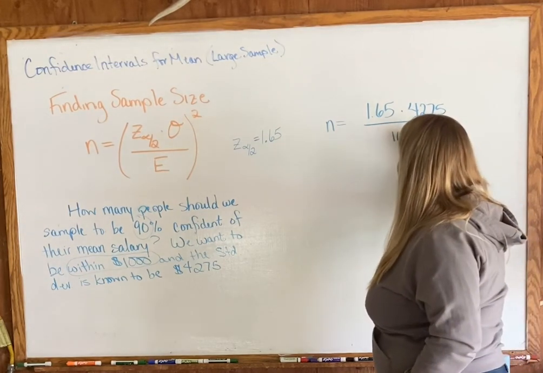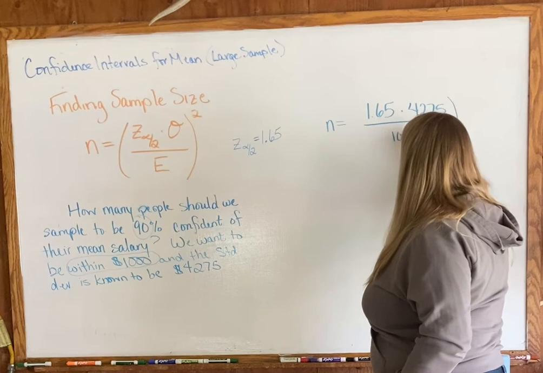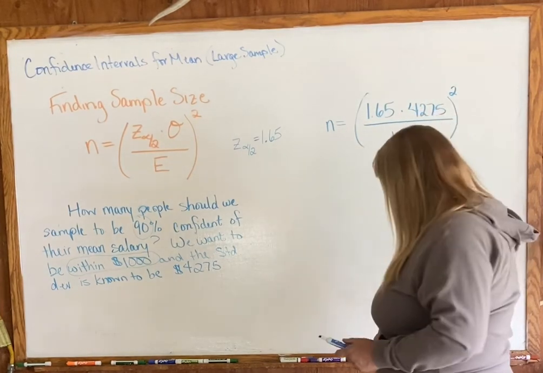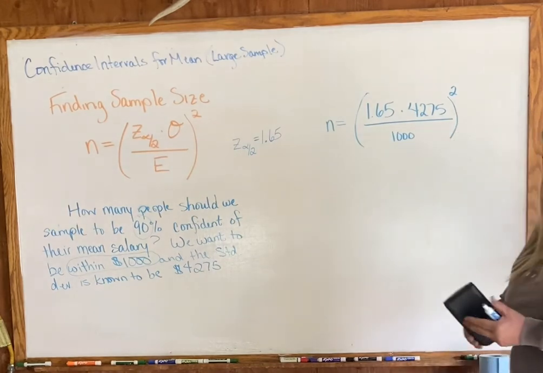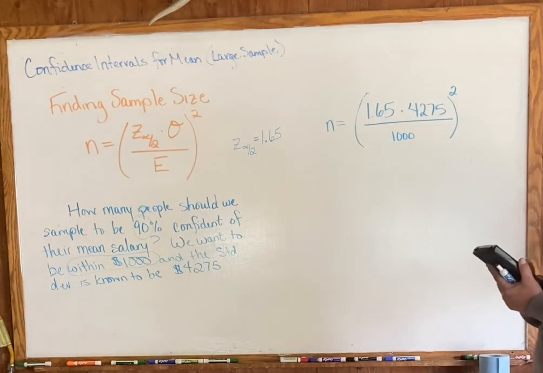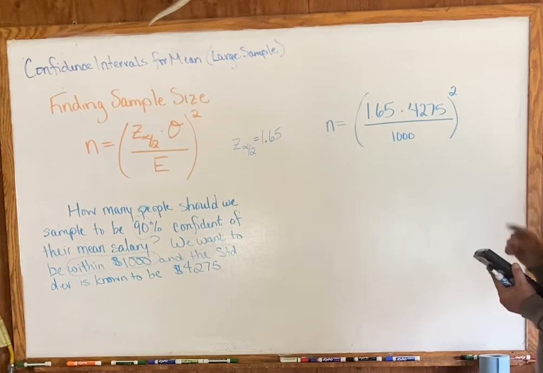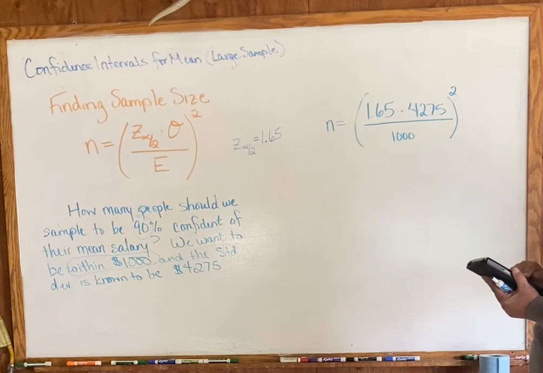So we'll divide by $1,000. And then the last thing we will do is square the whole mess. Do not forget to square. When it comes to formulas, this is one of our easier ones, but the number of people that forget to square is so insane. You can't believe it. So make sure you always square your answer.